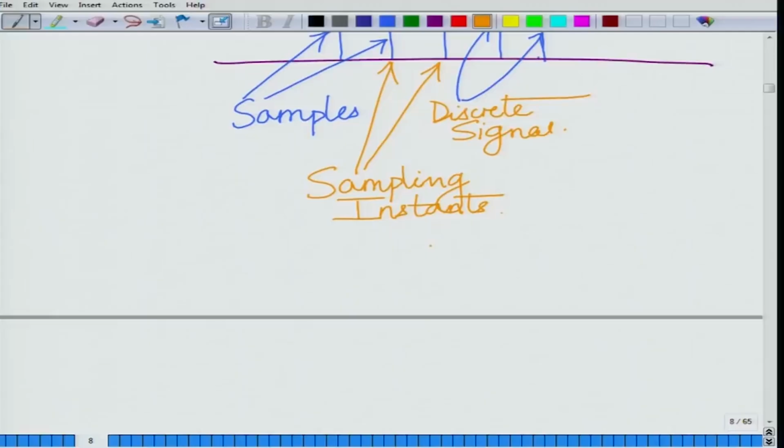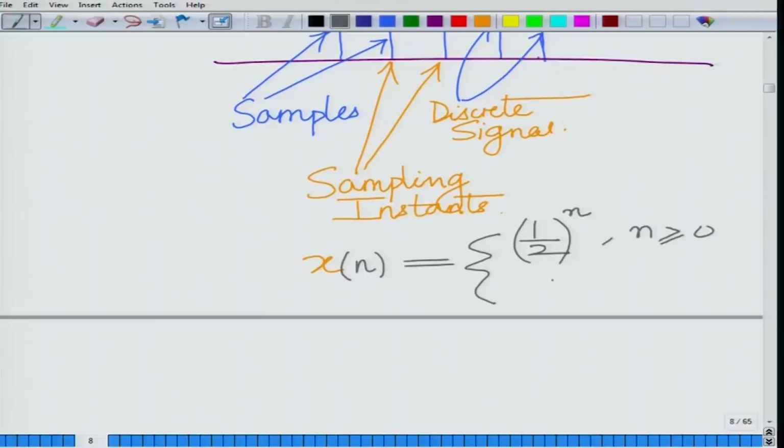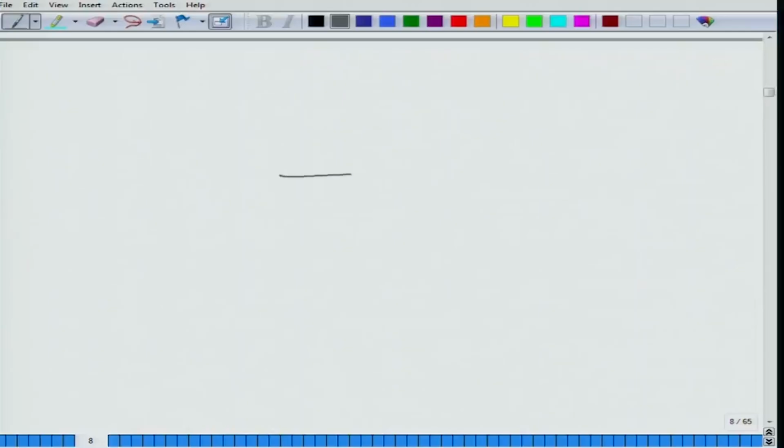So, that concludes the basic classification of signals as both continuous and discrete time. There are other simple examples of discrete time signals, for instance an exponential kind of signal, such as half to the power of n for n greater than or equal to 0, and 0 otherwise, represented compactly as an exponential. If you look at this signal, since half is less than 1, it is going to be a decreasing signal, something that is 1 at 0.